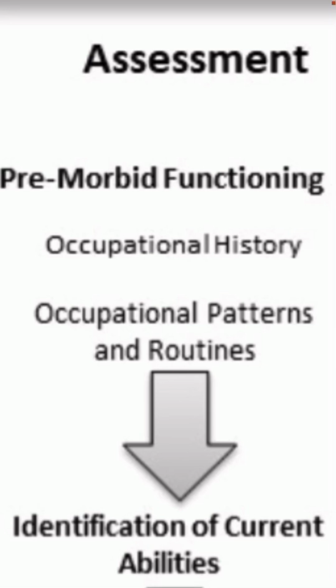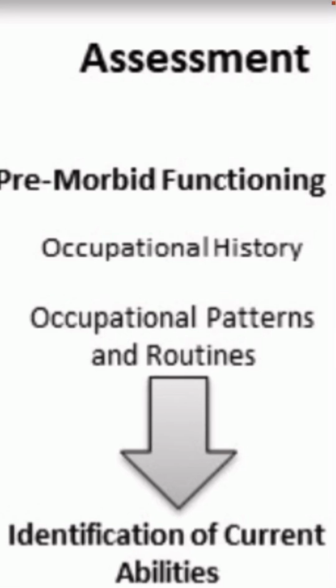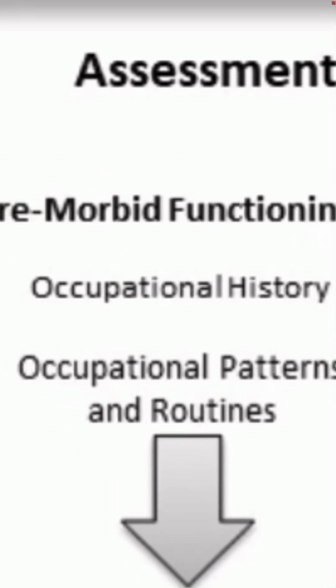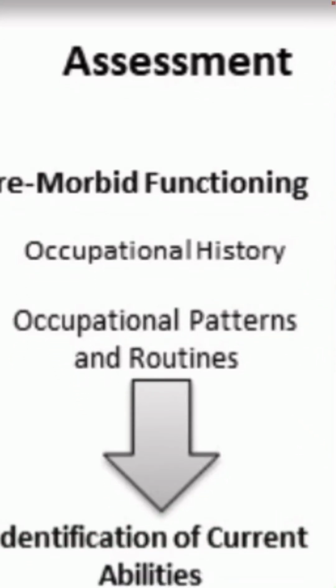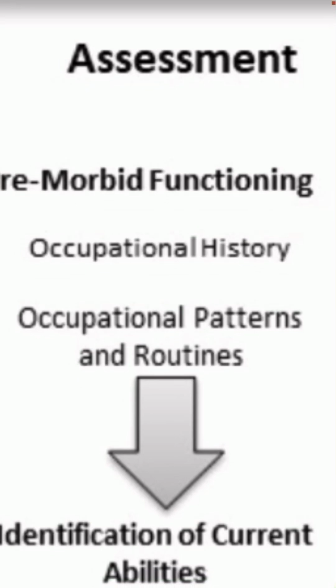What you need to do is find out who the person is, establish the pre-morbid functioning, and find out their occupational history, meaning what do they do at home? What are their occupational patterns and routines? Do they live in a house? Do they do their shopping? Who does their cleaning? Do they do their laundry as well? Are they a shower person or a bath person? These are all the patterns and routines that you need to establish.